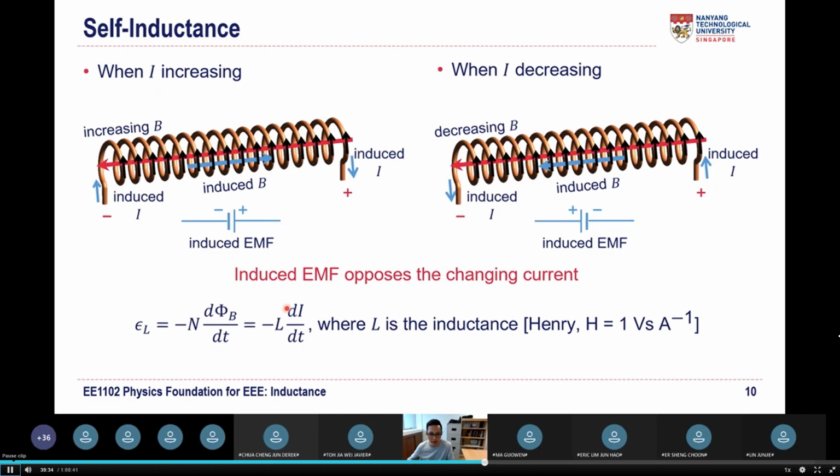That's going to give how big the induced EMF is going to be, and that is called the inductance of that system. Okay, and it's measured in Henry, and 1 Henry is equivalent to 1 volt second per ampere. This is the SI unit for the inductance.